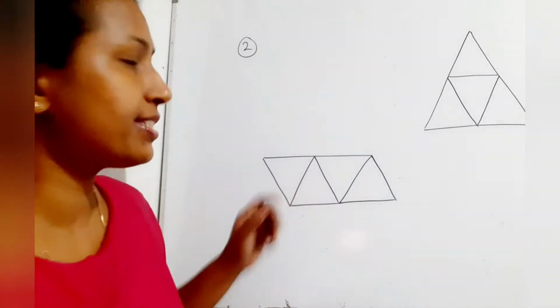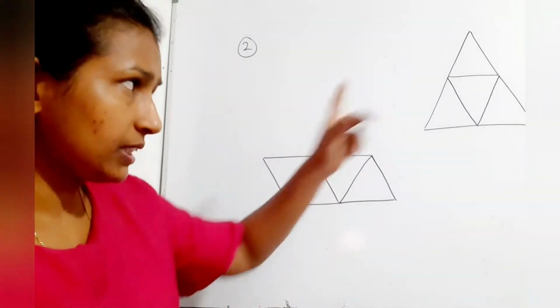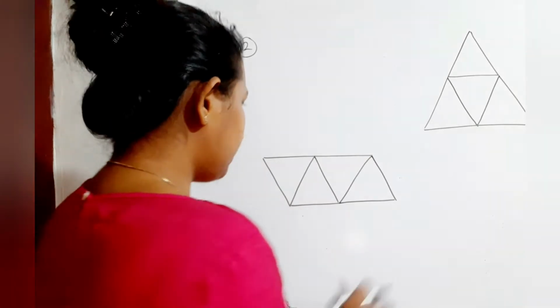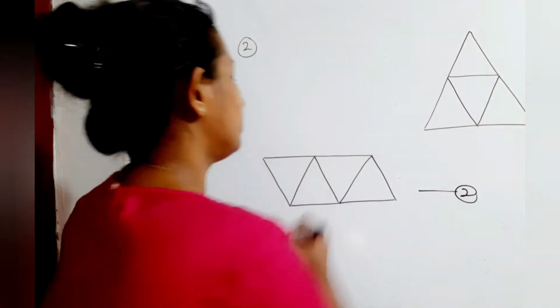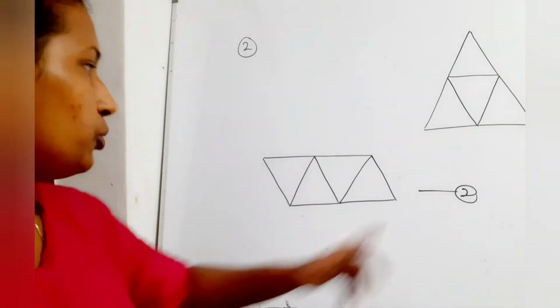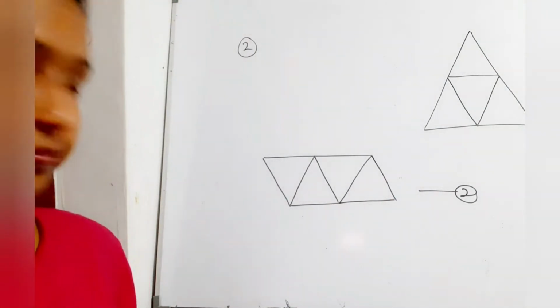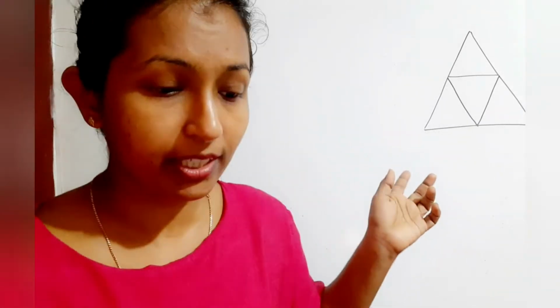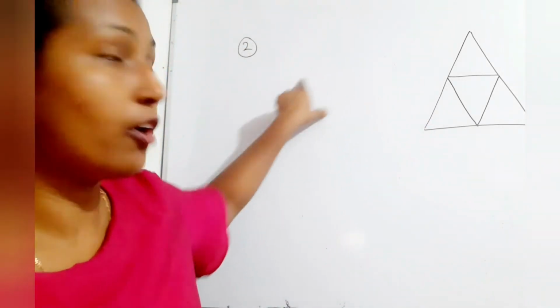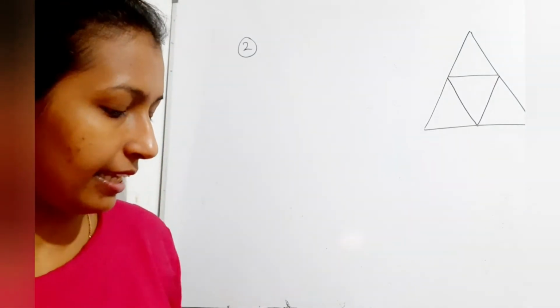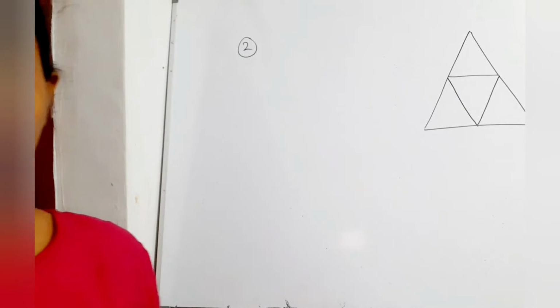By using this net, you can have the regular tetrahedron. Then you will be given 2 marks for that question. Then you can add the total marks for the second question and get the total out of 11 marks.